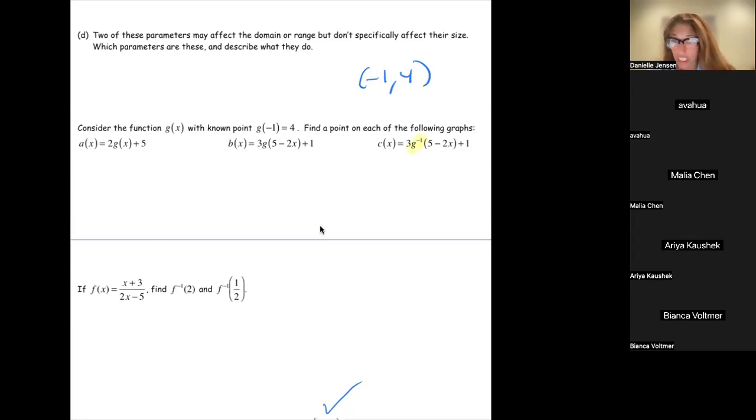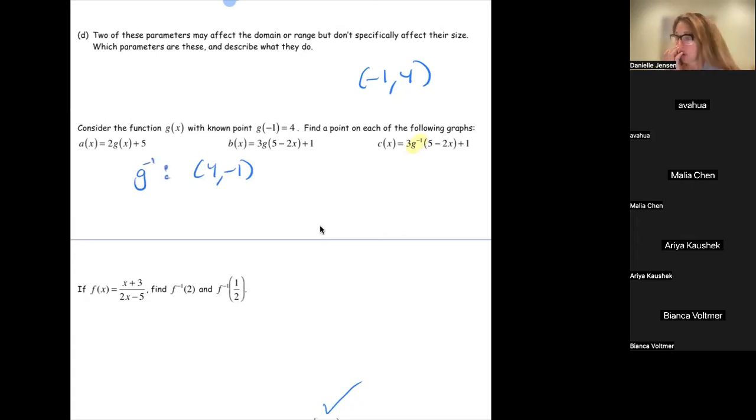The inverse. Yes, the inverse. So let's first deal with it: if -1, 4 is the point on G, what's the point on G inverse? Yes, exactly. So first I'm going to write what the point is. So the point is 4, -1. So that's the point I'm dealing with for G inverse.